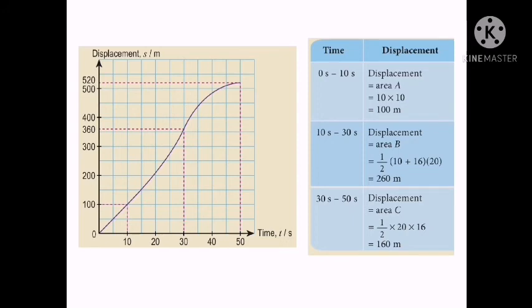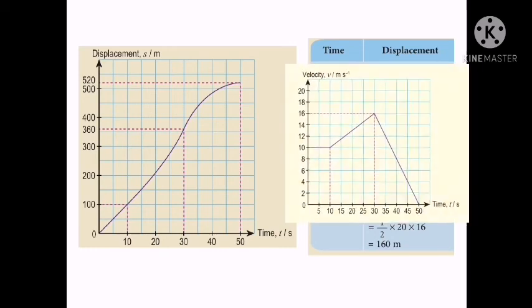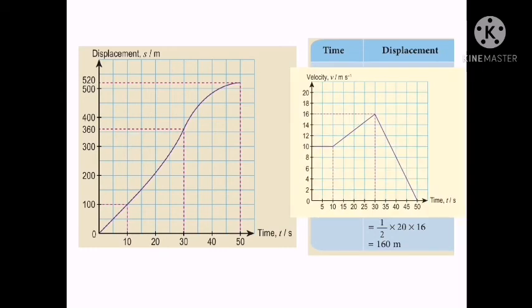Now, remember, when you want to plot the pattern of the graph, you need to refer to your velocity versus time graph. The velocity versus time graph from 0 to 10 seconds is a constant velocity. So your graph will be increasing linearly. And from 10 seconds to 30 seconds, you notice that the velocity is increasing.